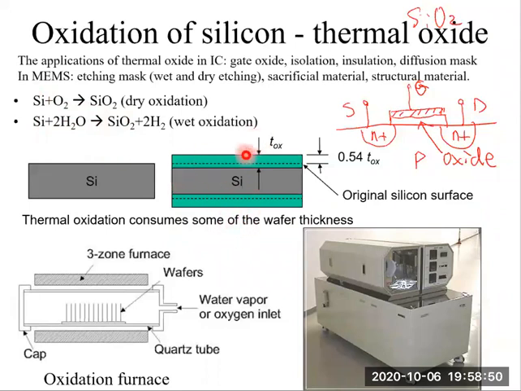If we assume the total thickness of the thermal oxide is TOX, and this dashed line stands for the original silicon surface, the bare silicon surface, then 54% of TOX is above this dashed line, above the original silicon surface, and 46% is below this dashed line.